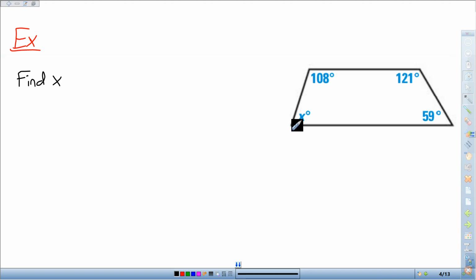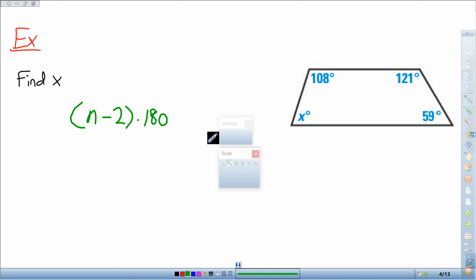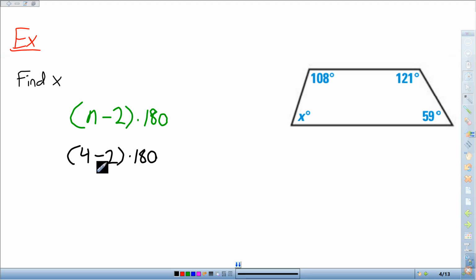I know that these 4 angles, when added together, can be set equal to some number. To figure out that number, let's use our formula, n minus 2 times 180. This has 4 sides, so we plug in 4 for n. 4 minus 2 is 2, and 2 times 180 is 360.